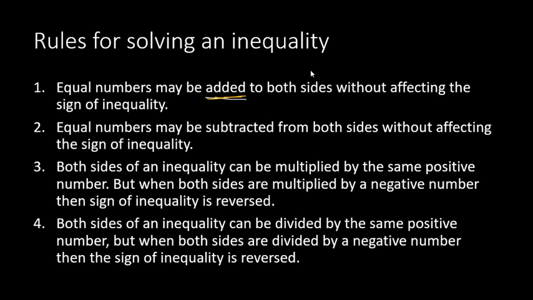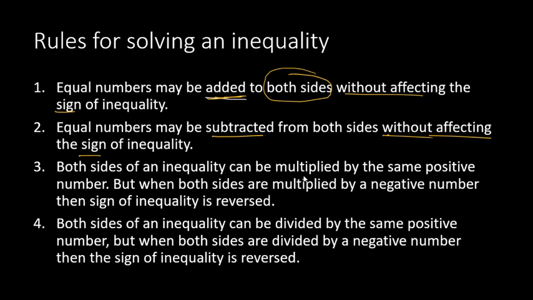Generally, in both inequality and equality, we can add any number on both sides, without affecting the sign. So no change in the sign. Similarly, it can be subtracted from both sides without affecting the sign.